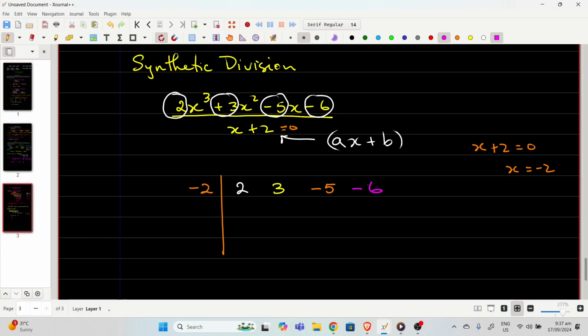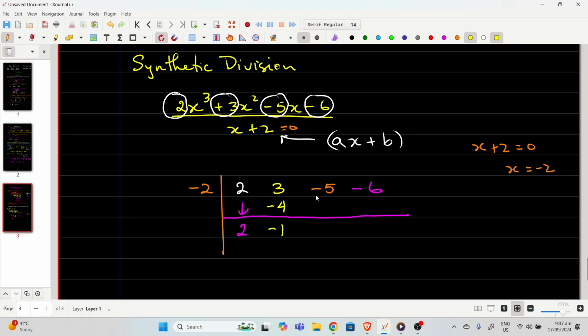Once I have that, I'm going to take the 2 and bring it all the way down here, 2. Then I'm going to take this 2, multiply by this, which is going to give me -4. I'm going to put that right underneath here, -4. When I add these two values together, I am going to get -1.